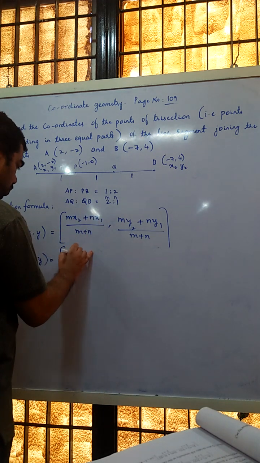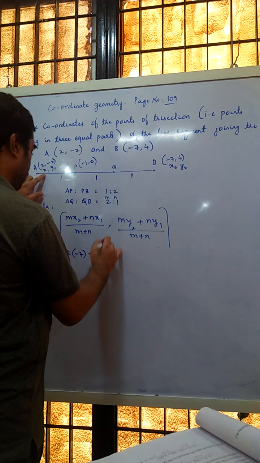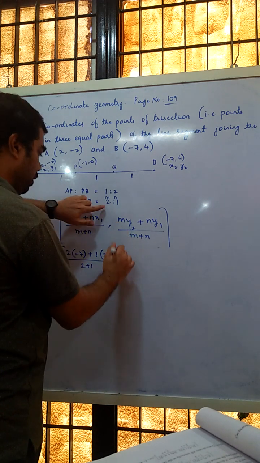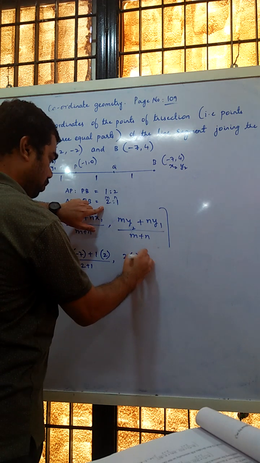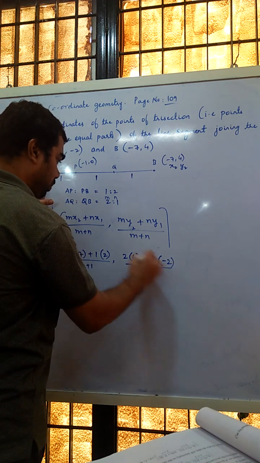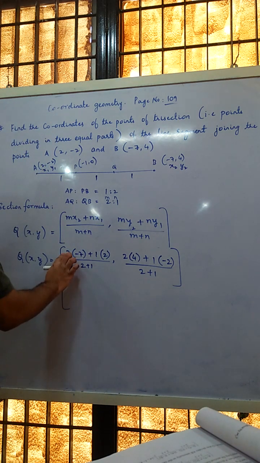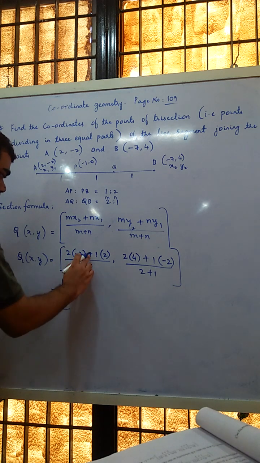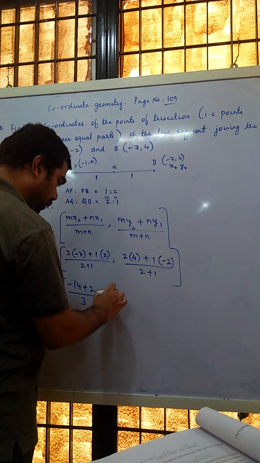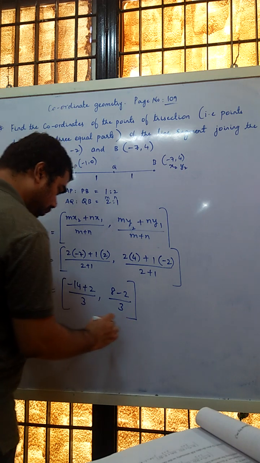It is 2 into x2 which is -7, plus n is 1 into x1 which is 2, over m plus n which is 2 plus 1, comma, m is 2 into y2 which is 4, plus n is 1 into y1 which is -2, over m plus n. 2 sevens are 14, with the minus sign, plus 1 two is 2, over 2 plus 1 which is 3, comma, 2 fours are 8, plus 1 into -2 is -2, divided by 3.